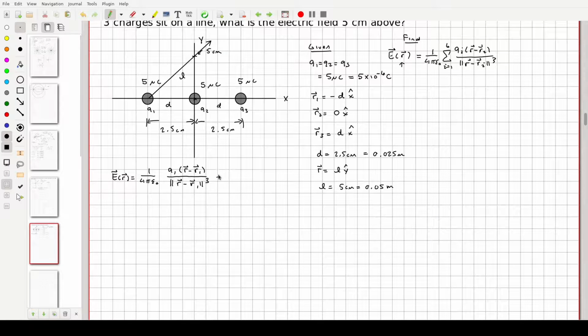My next term deals with R2, or Q2 rather. 1 over 4 pi epsilon naught Q2 R minus R2 divided by R minus R2 cubed. This one points from here to here.